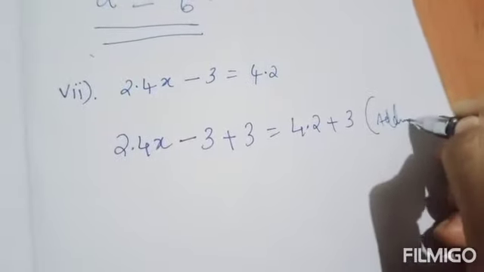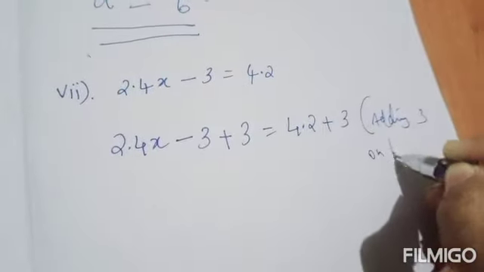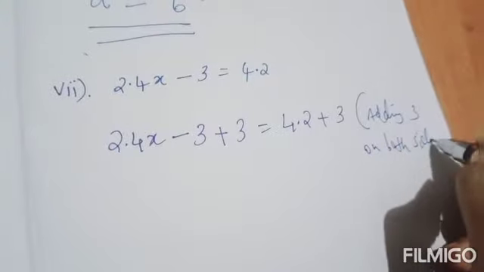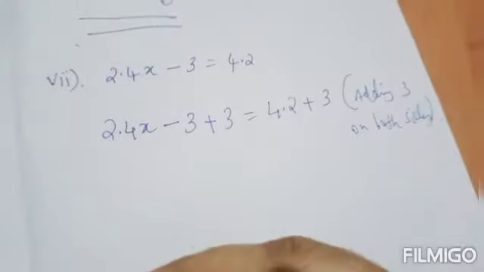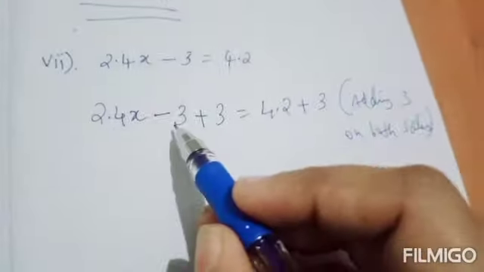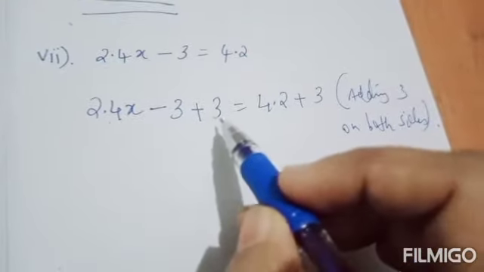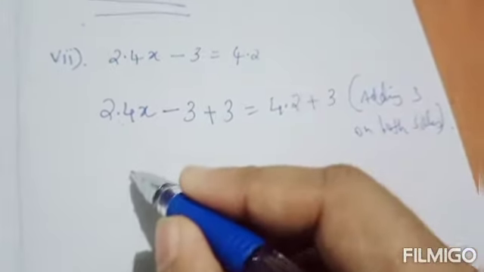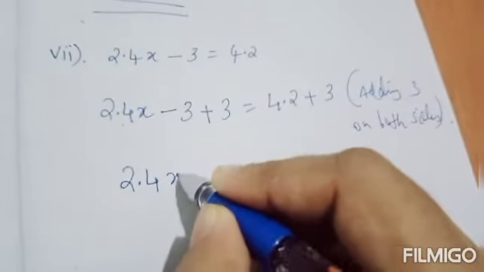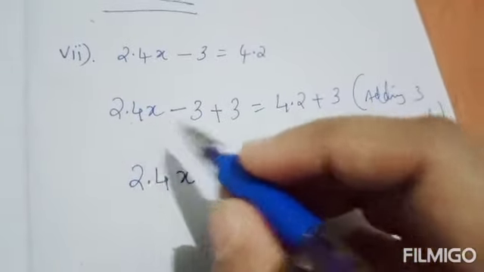Here you are adding 3 on both sides. Now 2.4x minus 3 plus 3, this is 0. So remaining you will get 2.4x on the left side.